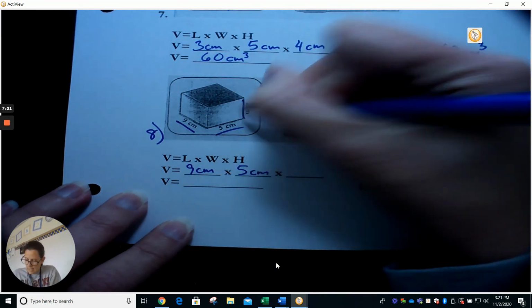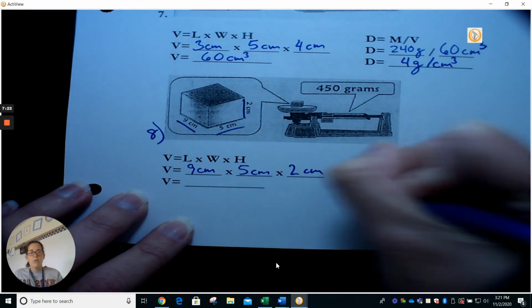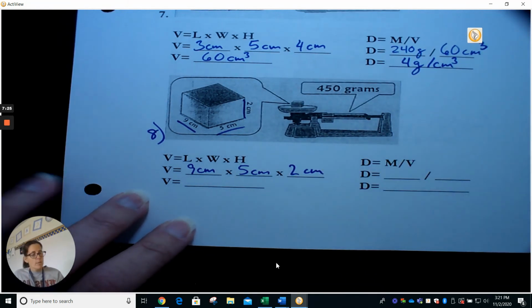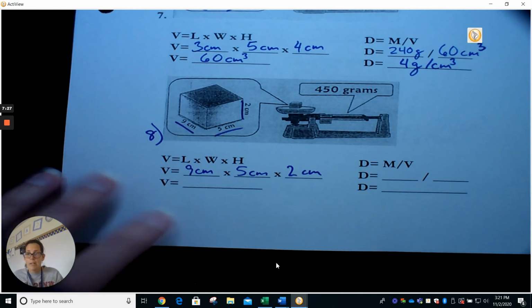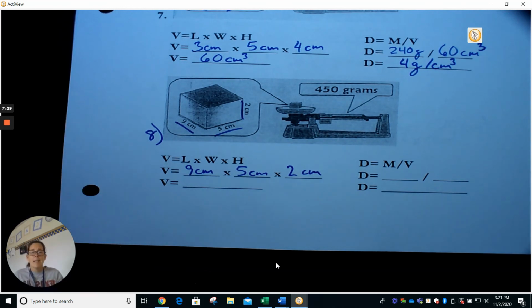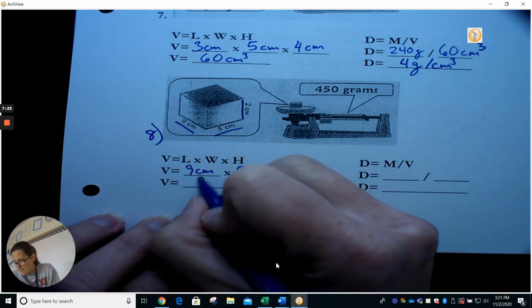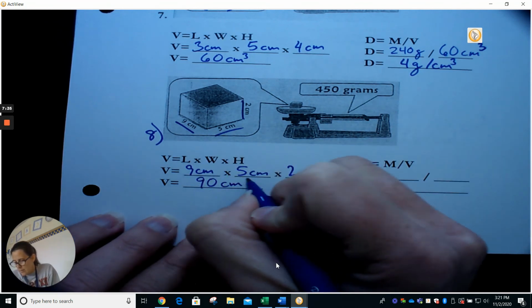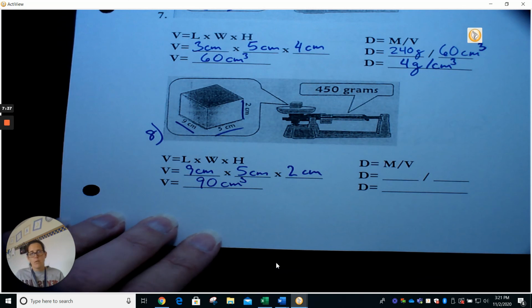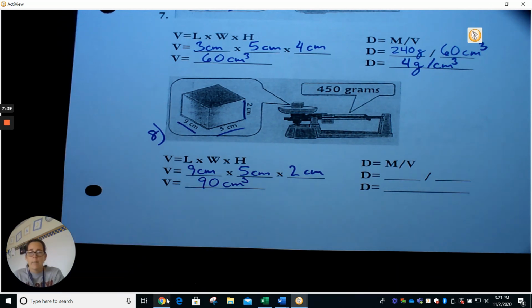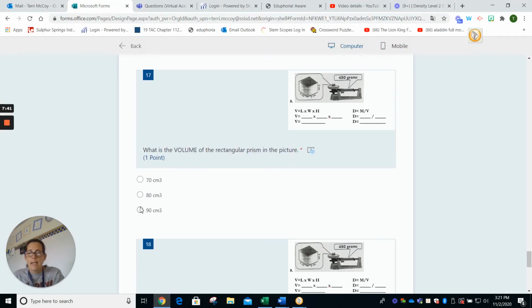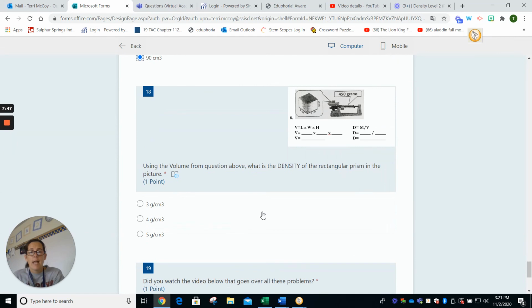And here is our height, 2 centimeters. Okay, so we're going to plug that in our calculator. 9 times 5 times 2, and we will get 90 centimeters cubed. Okay, so we'll come back over here. We're going to enter that answer in our form, 90 centimeters cubed, and we'll go to the last part right here.